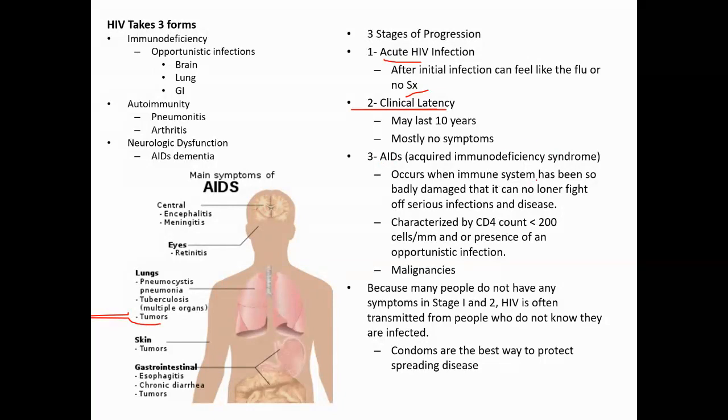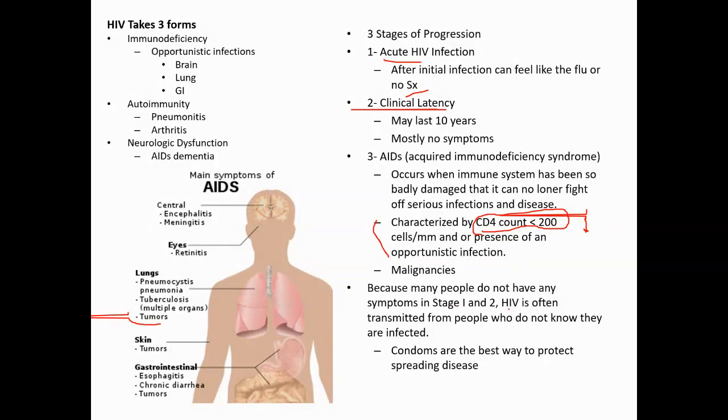Acquired immunodeficiency syndrome occurs when the immune system has been so badly damaged that it can no longer fight off serious infections and diseases. AIDS is characterized by a CD4 count less than 200, that's important to know, and or the presence of an opportunistic infection. So now the CD4 count is so low that these infections are just starting to take over. And also malignancies would be in that 3rd stage as well.